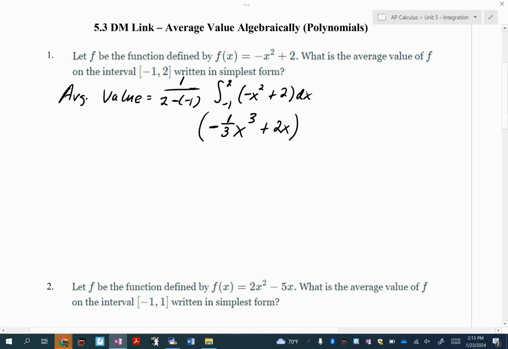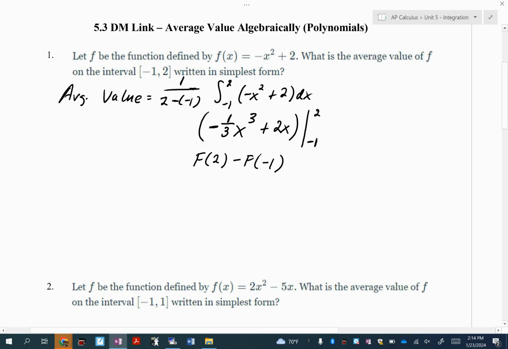All right, do you remember what we did on Friday? Put it in parentheses, put your vertical bar. We're going to evaluate it at 2 and at -1, and we're going to subtract that difference. So it's going to be F of 2 minus F of -1.